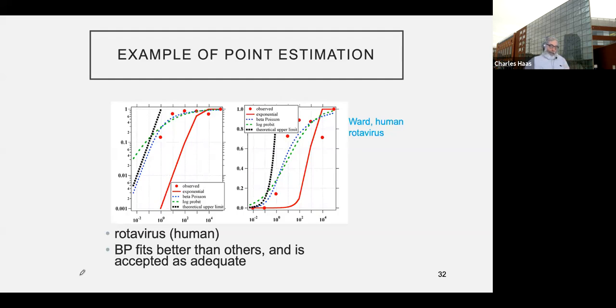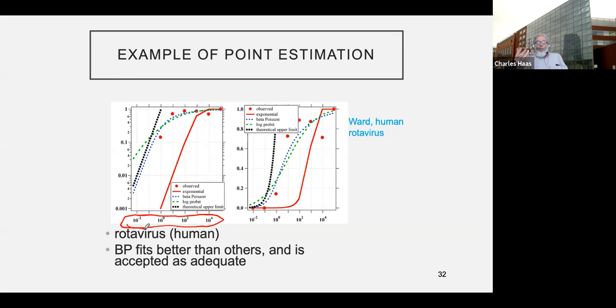And our format here is similar to what I presented with the cryptosporidium data before. Our dose is on the x-axis. Our response is on the y-axis, the left-hand panel being log transformed scale, the right hand being arithmetic scale.